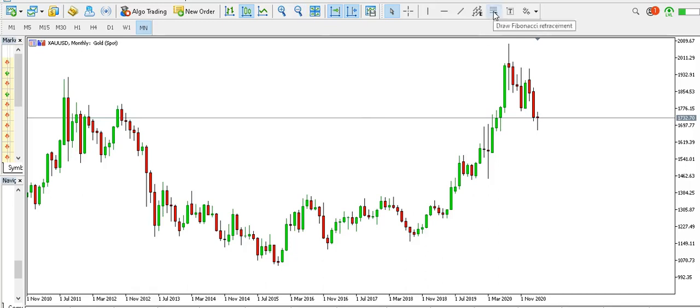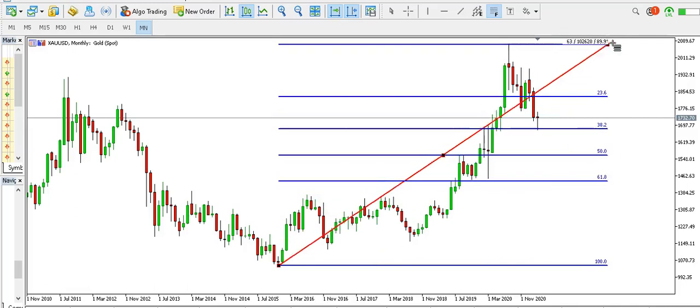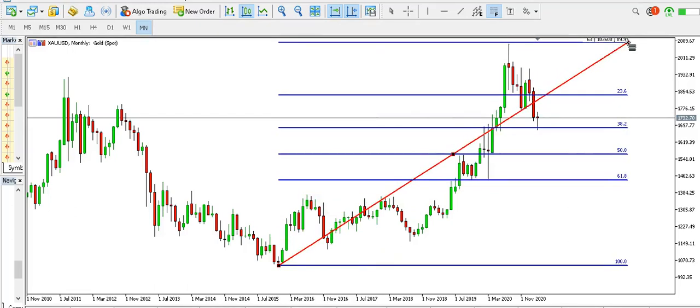All right. Now this is my Fibonacci. So I'm going to extend the Fibonacci tool from the base here, the lowest point here, and extend it to the top. This is the top. Okay.